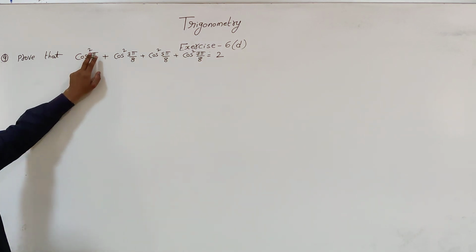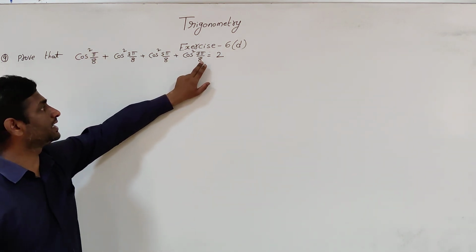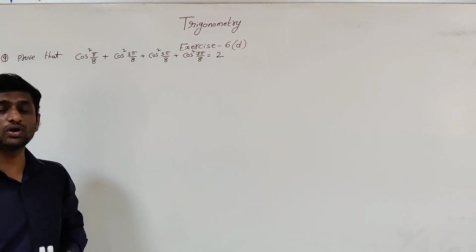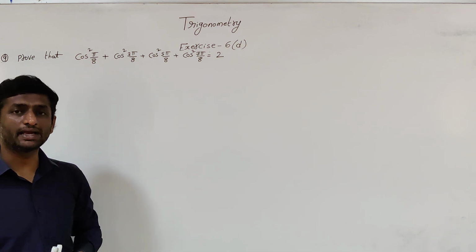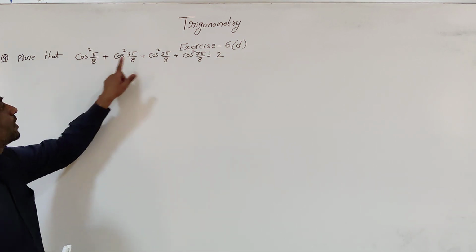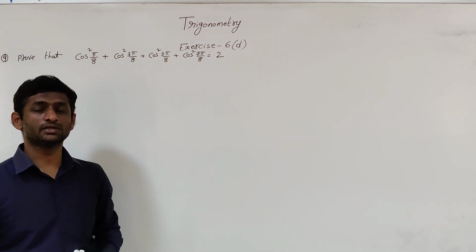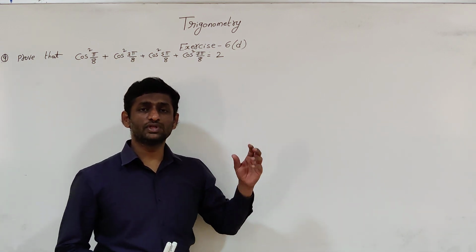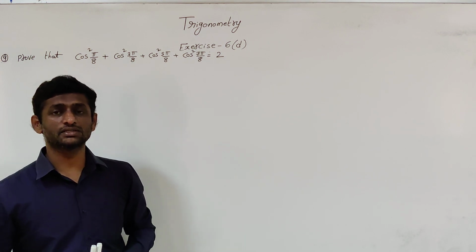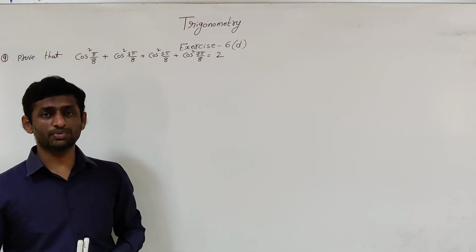If you observe pi by 8 and 7 pi by 8, if we add two angles, what happens? Pi by 8 plus 7 pi by 8 gives pi. Means these two angles are supplementary. What is supplementary? If the sum of two angles is 180 degrees, then the two angles are said to be supplementary.